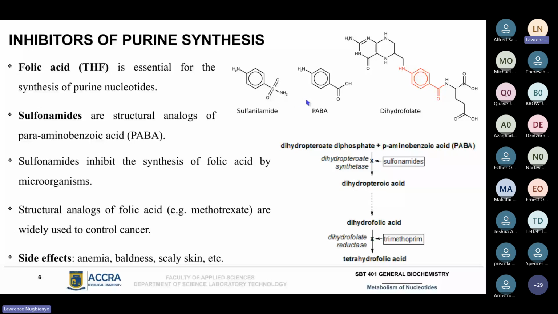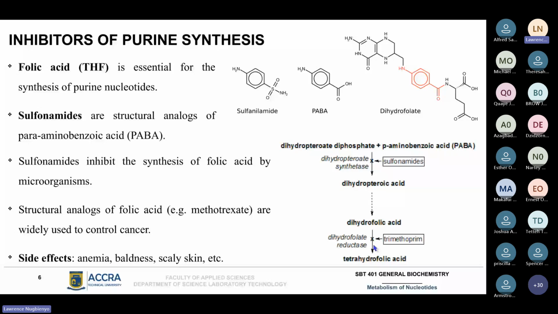So if the sulfonamide is introduced into the body and it competes with the para-aminobenzoic acid, the enzyme which is involved in that first reaction, the dihydropteroate synthetase, now binds to the sulfonamide, and it prevents the reaction from continuing further.